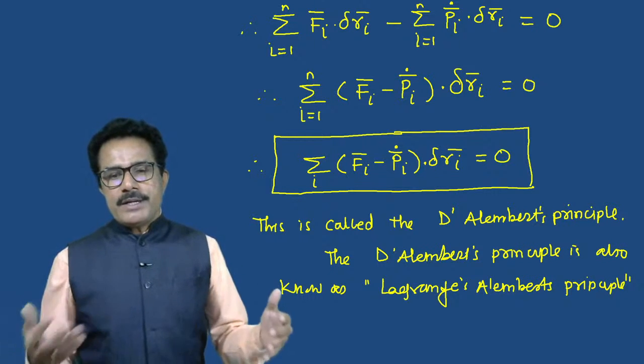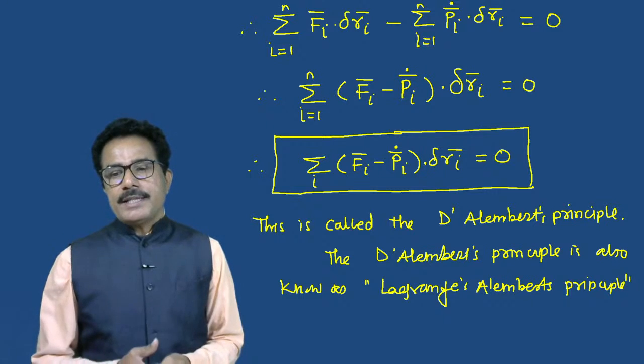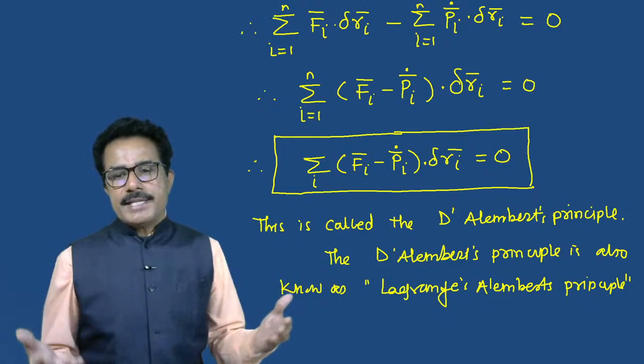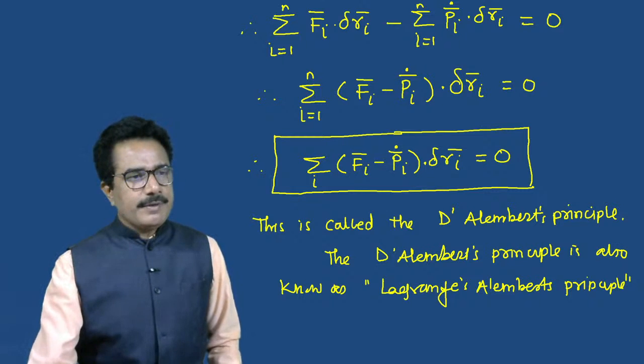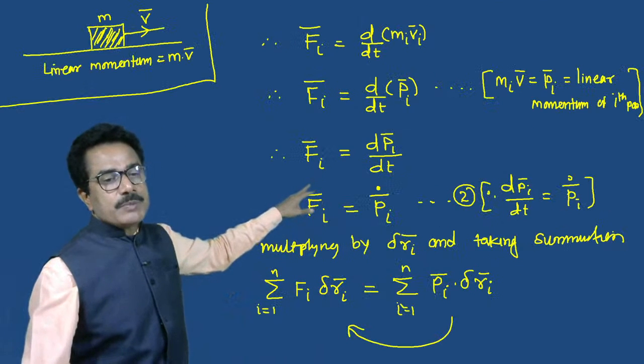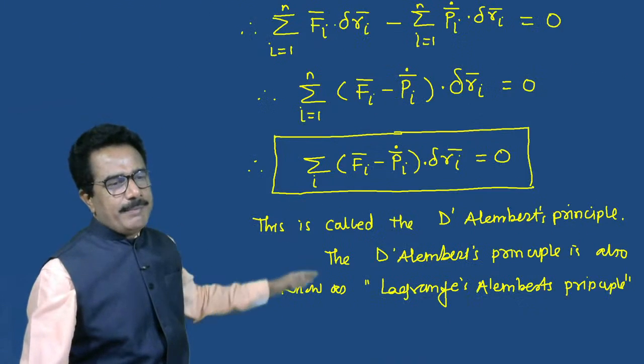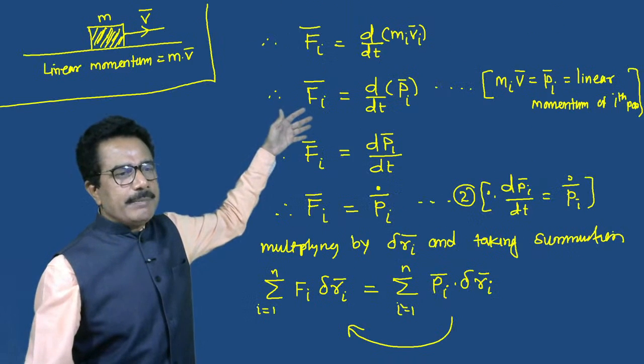The displacement of the system where the applied force is effective. So we can write this. This is what we call D'Alembert's principle. Say this one or that one, no problem, both are D'Alembert's principle.